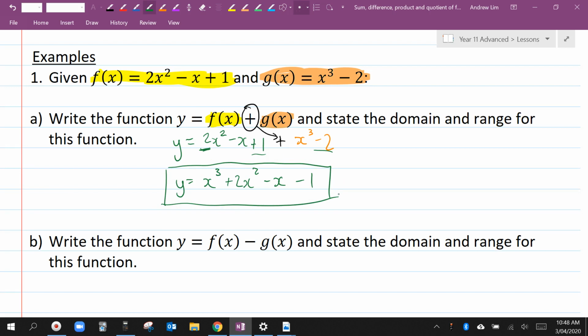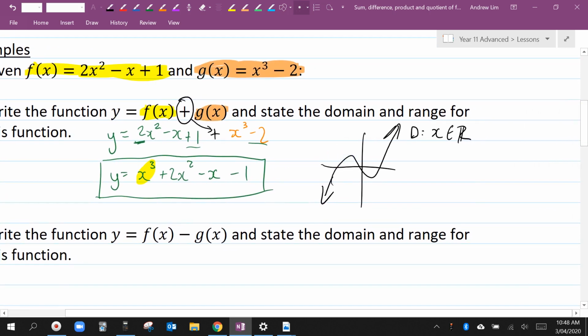And so now we want to work out the domain and range. If we were to sketch this, I don't know what it's going to look like, but I do know the general shape. Because the leading term is positive x cubed, that means it's going to look something like this. Okay? And because it's a cubic, we know that the domain is x is an element of all real numbers.